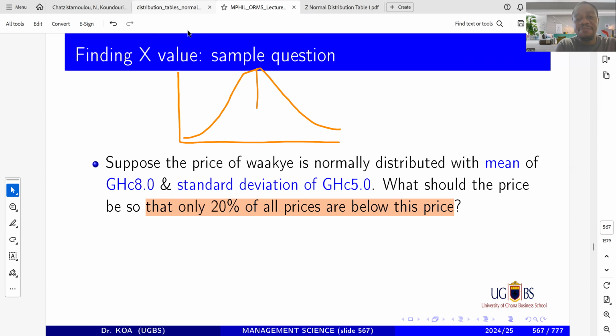We are told that the mean is 8 cedis, so mu is 8. We have been told that the standard deviation is 5. We were not told the X. We are rather to find the X.